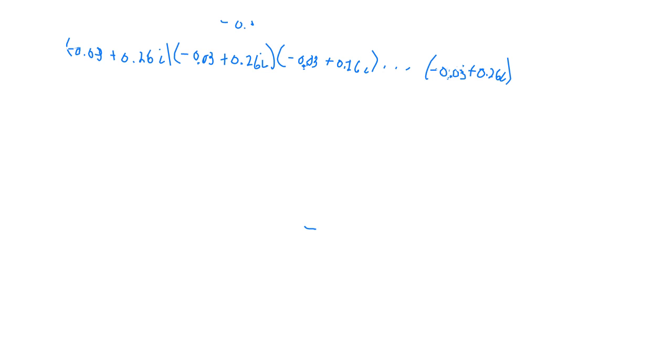Okay, so this is k times. I'm multiplying negative 0.03 plus 0.26i by itself k times.